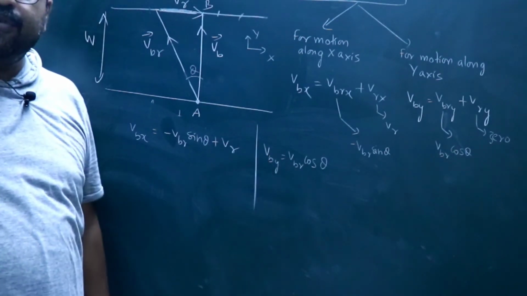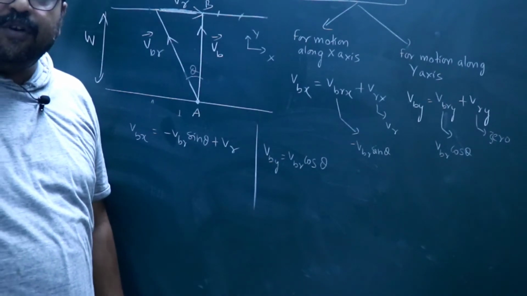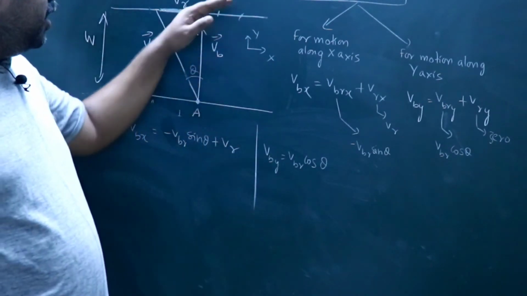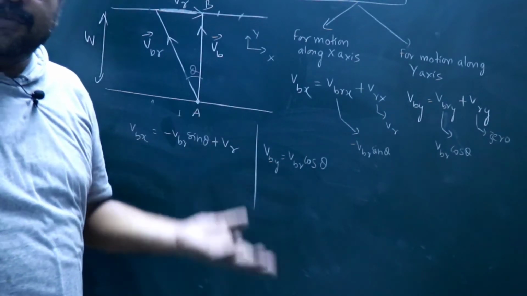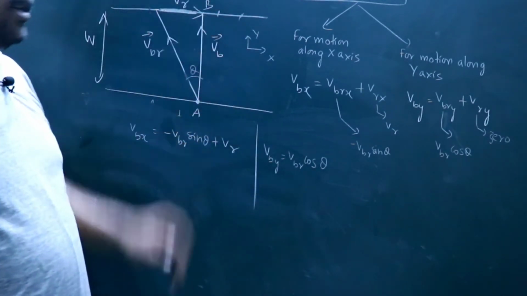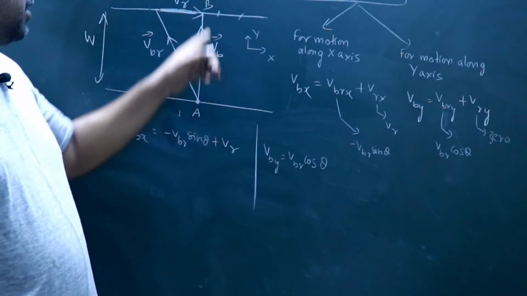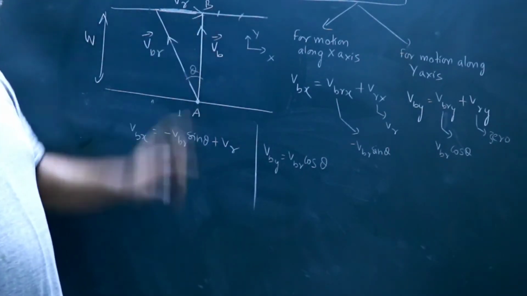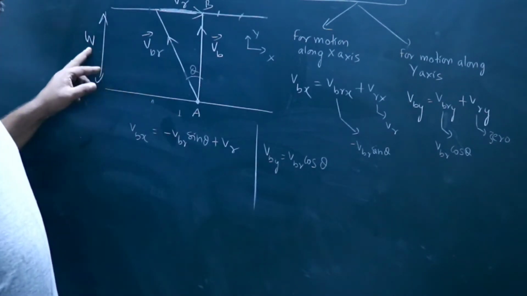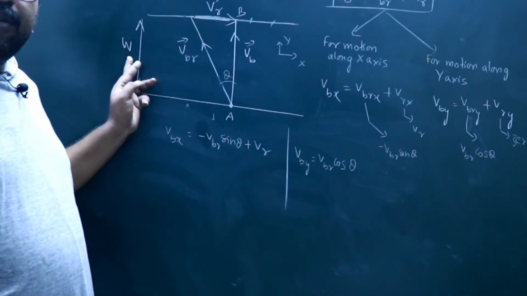Now the velocity of the boat along the y-axis is responsible for displacement along the y-axis. Displacement along the y-axis is responsible for crossing the river. So while crossing the river, the displacement along the y-axis is equal to the width of the river, that is w.